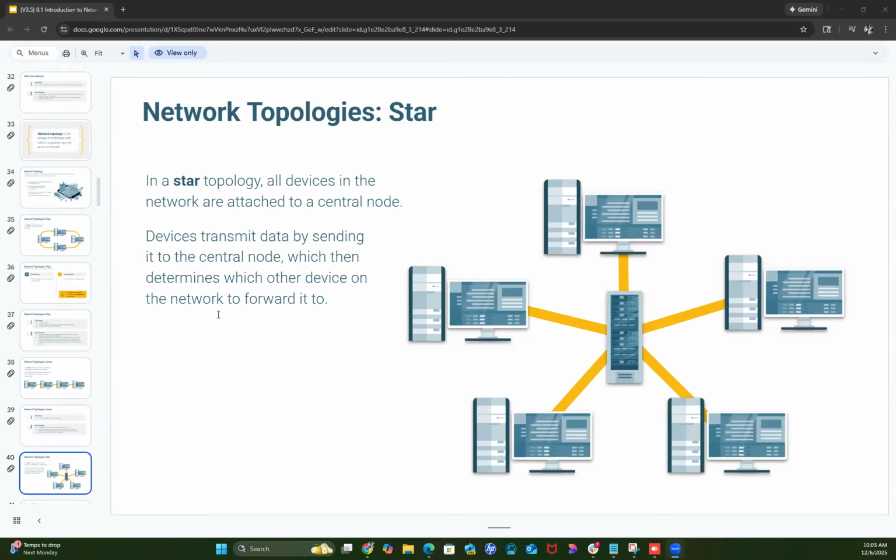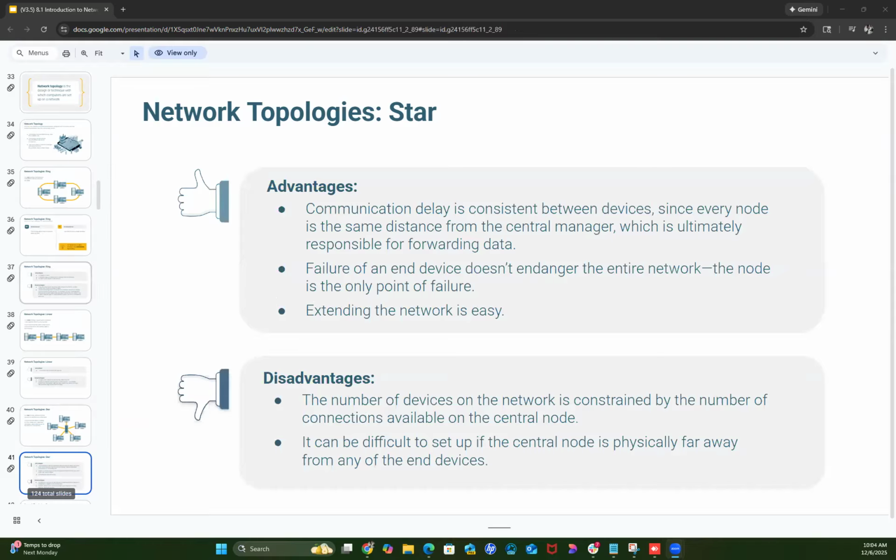And then star topology. In a star topology, all devices in the network are attached to a central node. Devices transmit data by sending it to the central node, which then determines which other device on the network to forward it to. What are the advantages of star topology?